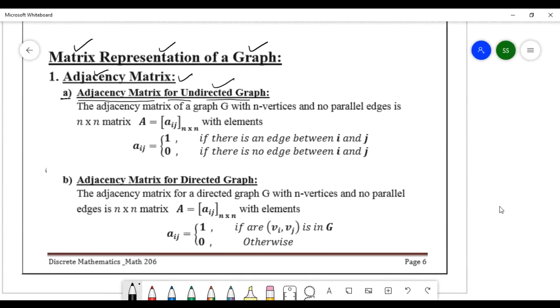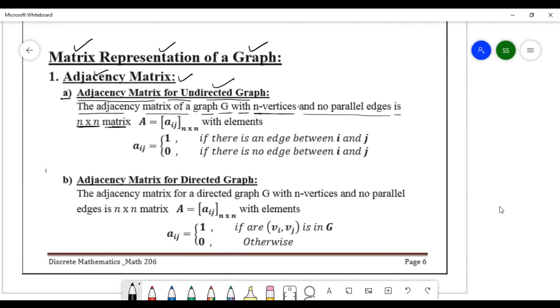Look here. Suppose the adjacency matrix of a graph G with n vertices and no parallel edges is an n by n matrix, that is, n rows and n columns.